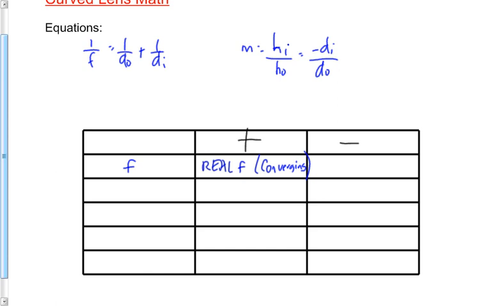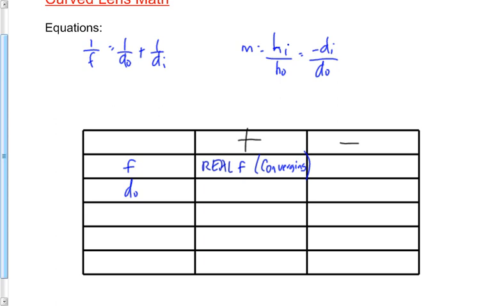But a real focal point for mirrors, a converging mirror, was a concave mirror. A real focal point for lenses, a converging lens, is a convex lens. So concave and convex get switched around this time. It's still converging. Real focal point still goes with converging, but it's convex instead of concave. And of course, it's negative if you have a virtual focal point.